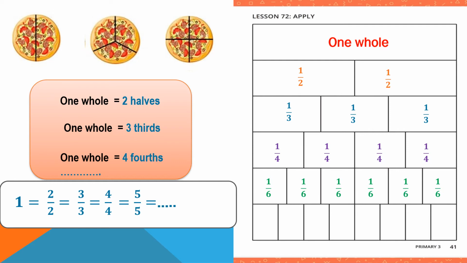And here 1, 2, 3, 4, 5, 6, 7, 8. We have 8 equal parts. So each one is 1/8. All of them are 8/8.